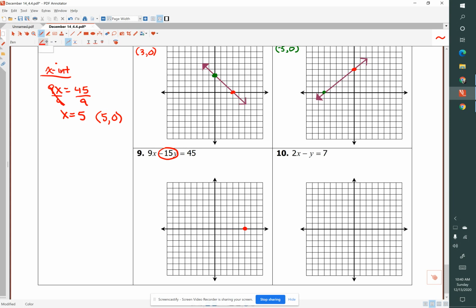Now let's work on the y-intercept. And if I set x to 0, then all of this goes away, and I have negative 15y equals 45, and I divide by negative 15, and y equals negative 3. So that point would be 0, negative 3, which would be right here.